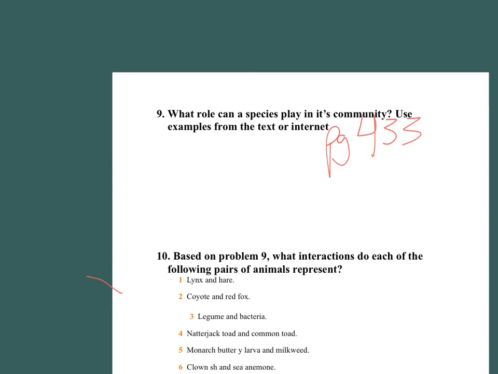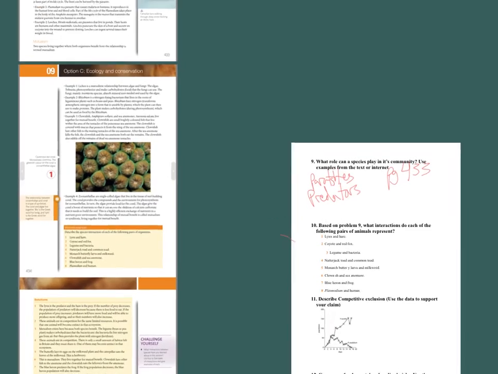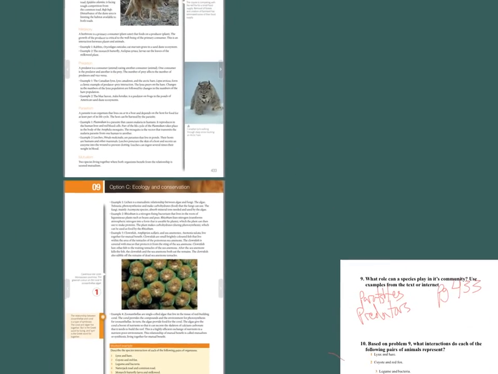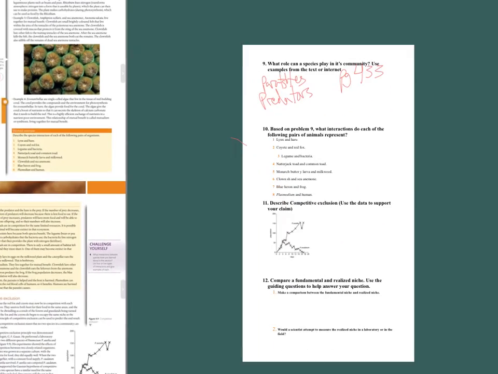So you're going to use those: parasite, predators, mutualism, and herbivory.